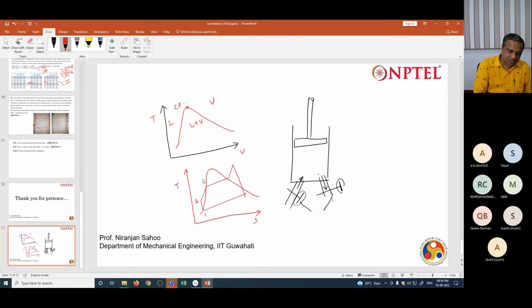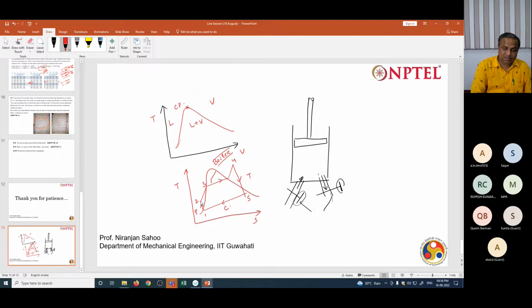One, two, 3, 4, 5. So the 4 to 5 process is the turbine, 5 to 1 is the condenser, 1 to 2 is the pump, and 2 to 4, through 3, is what we call the boiler. Your question is with respect to 2 to 4.